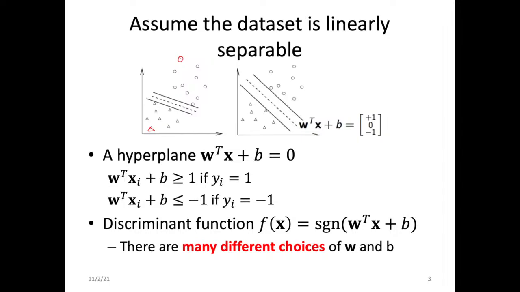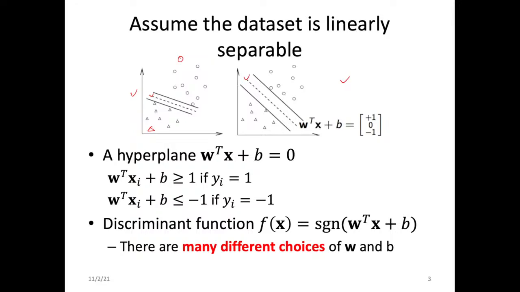So which one should we use? For example, we could pick this one or this one. I use this dashed line to mean a classifier. Both of these two classifiers can perfectly separate these two classes. Which one should we use?